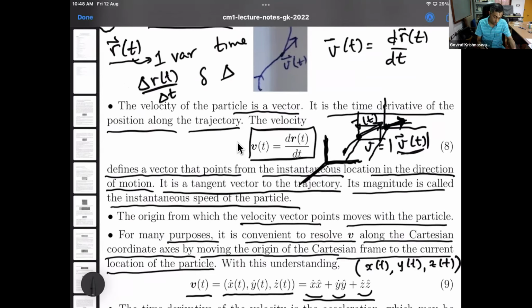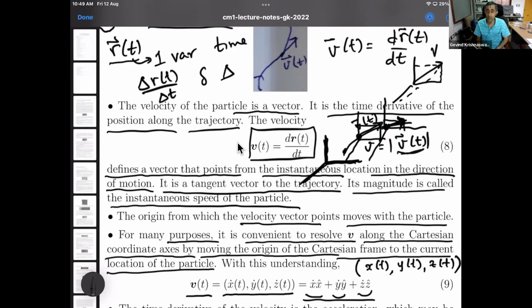Yeah, so I'm going to move it there, and then once I have moved it, I know how to resolve it into components, right? Because we know how to resolve a vector into components, provided the origin of that vector coincides with the origin of the coordinate system. I mean, that is how we have defined things. This is my vector. I make an orthogonal projection onto the three axes. Yeah.